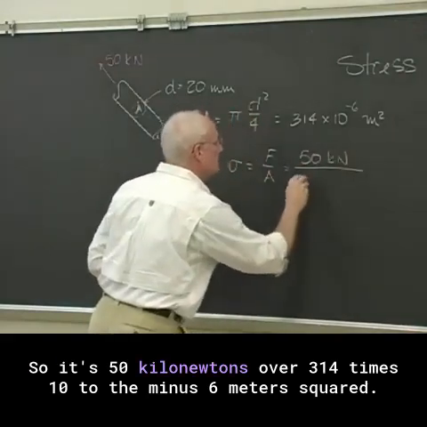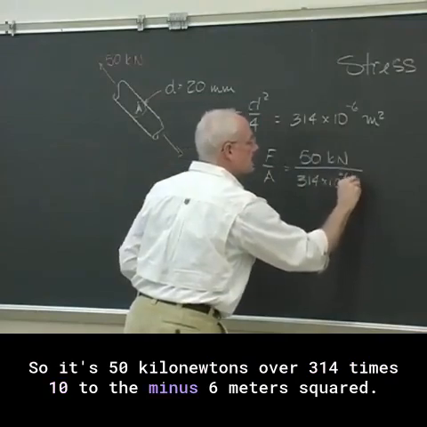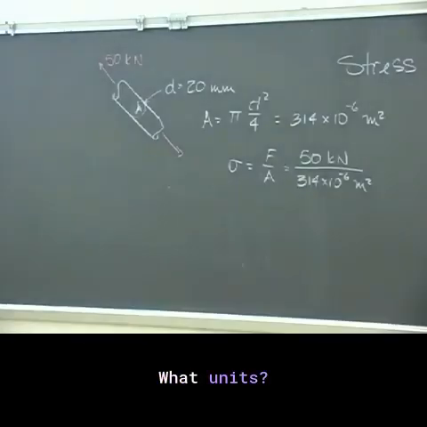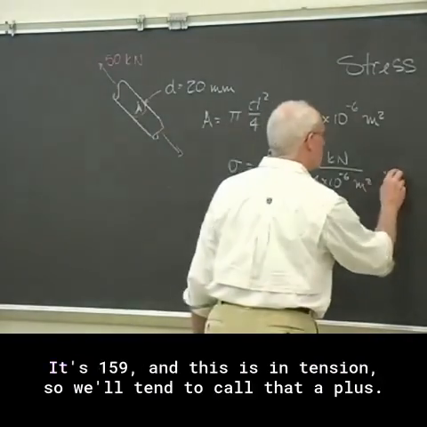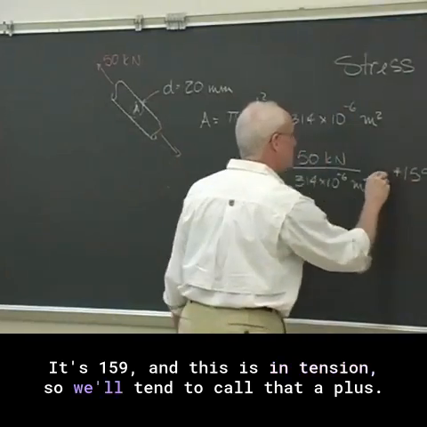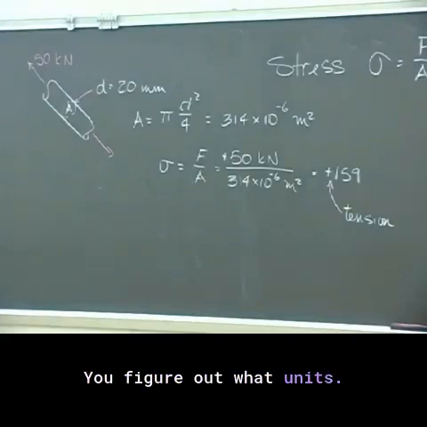So it's 50 kilonewtons over the 314 times 10 to the minus 6th meters squared. It's easy enough to divide those numbers. It's 159, and this is in tension, so we'll tend to call that a plus. You figure out what units.